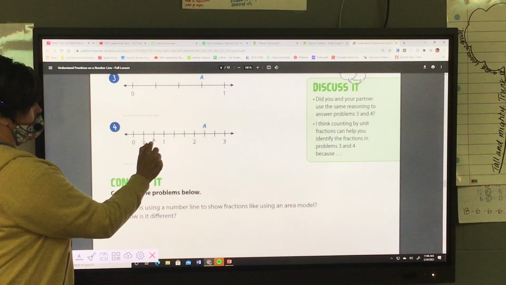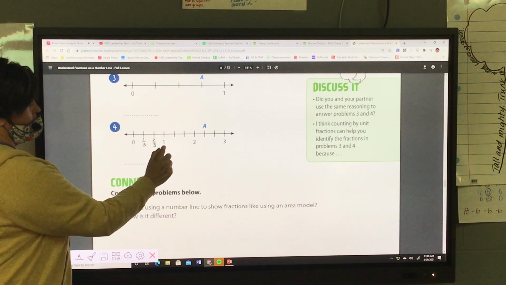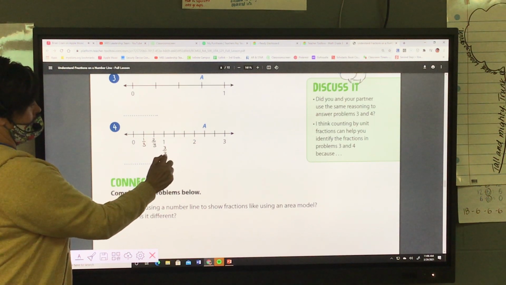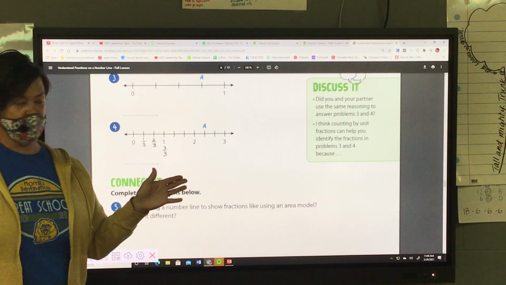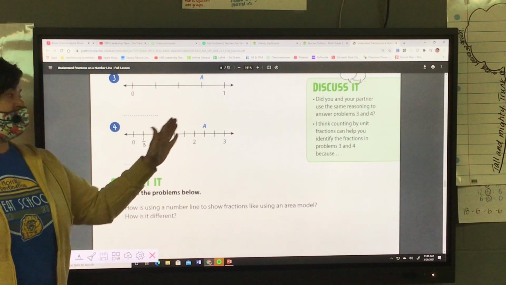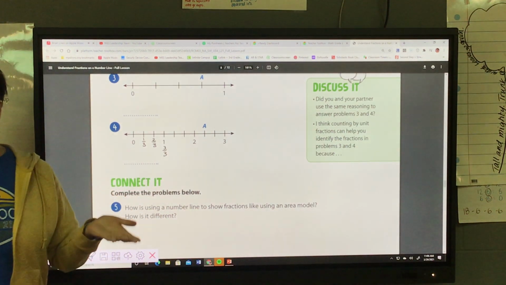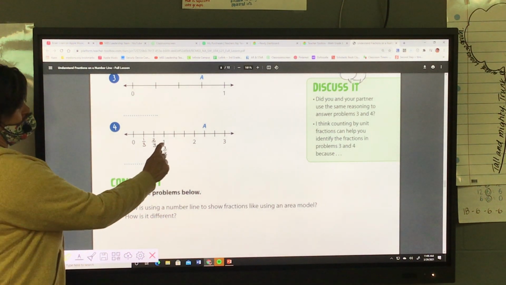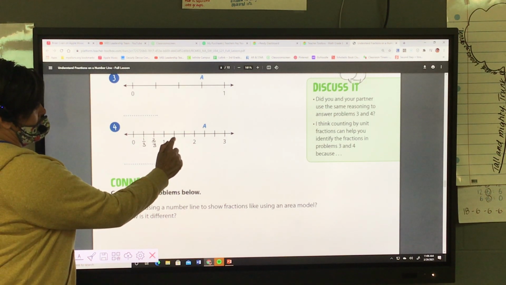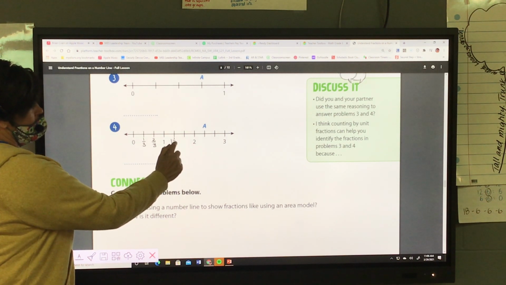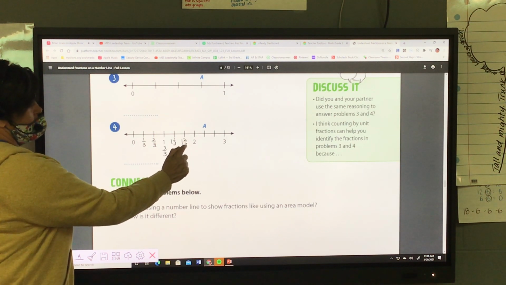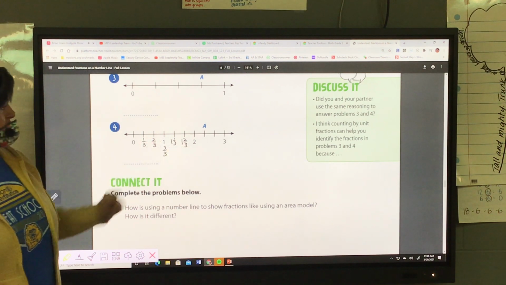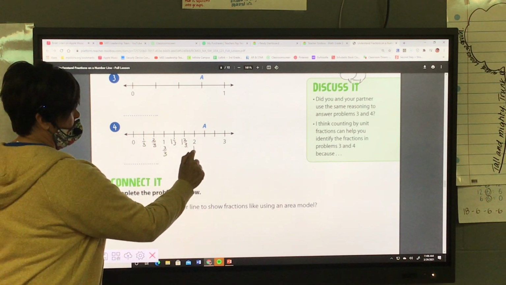We already said that. 2/3. 1 whole equals 3/3. I could say this is 4/3, and this is 5/3, and 6/3. That would be correct. But I could also say it is 1 and 1/3, 1 and 2/3. Now we have 2 wholes, which is the same thing as 1 and 3/3.